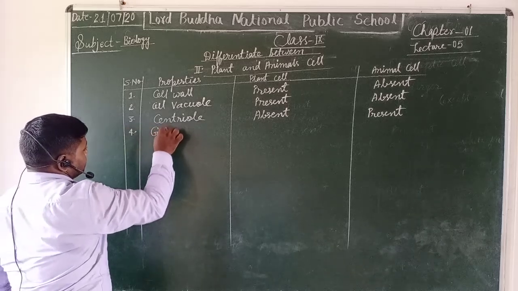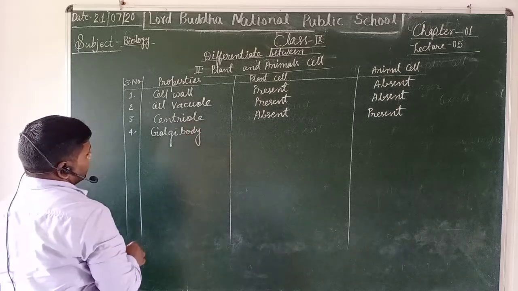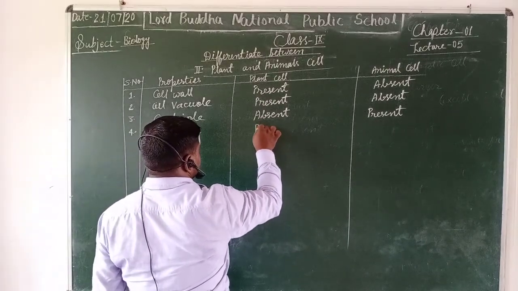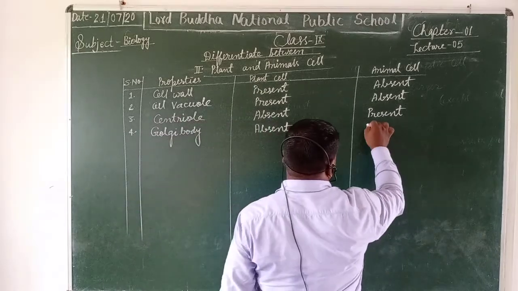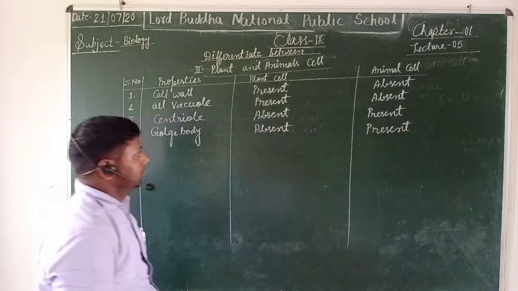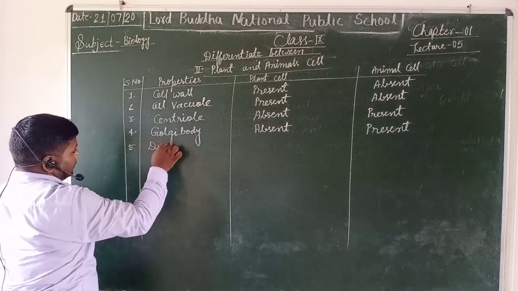Golgi body, absent in plant cell, present in animals. Dictyosome.